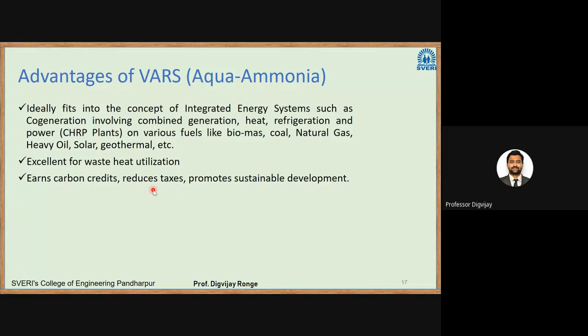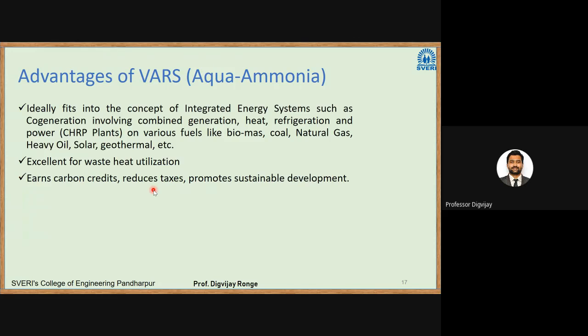If I go for an energy audit of any industry, for example this sugar industry, one of the points they study is carbon credits or carbon footprint. How much carbon footprint that sugar industry is generating, or is responsible for, is calculated. If it has less carbon footprint, they will receive these carbon credits.